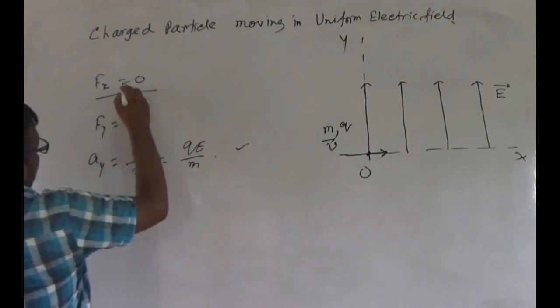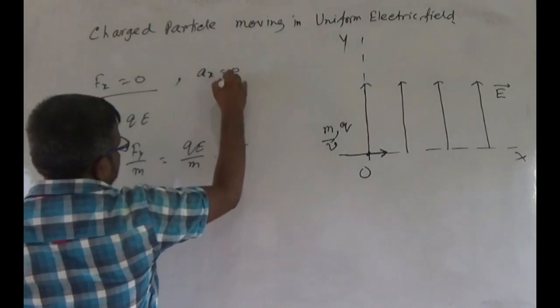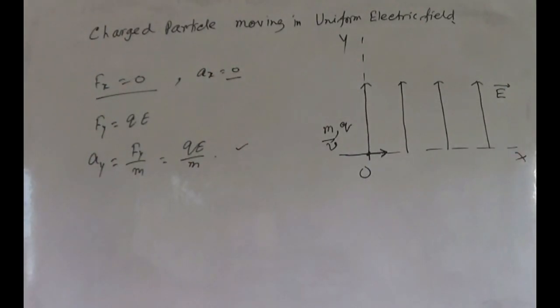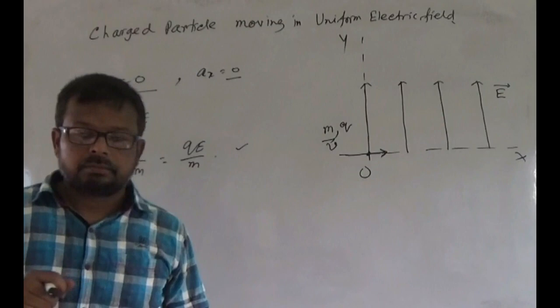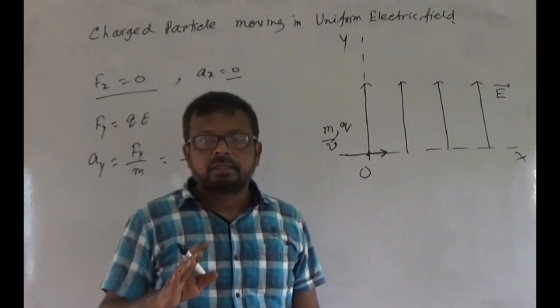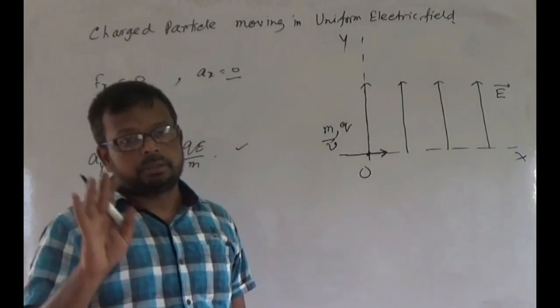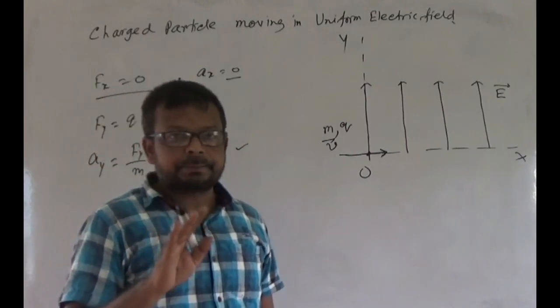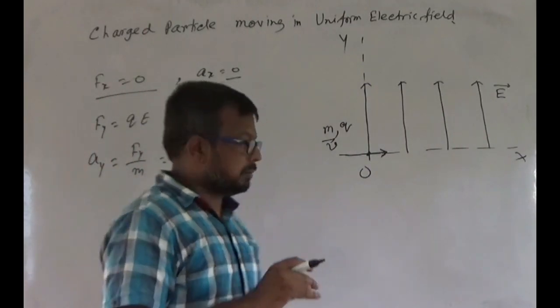But since Fx is equal to 0, therefore ax is equal to 0. Let us say the particle is moving for t seconds. The charged particle is moving for t seconds.